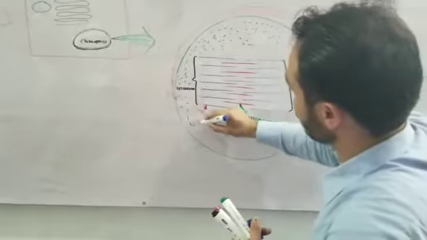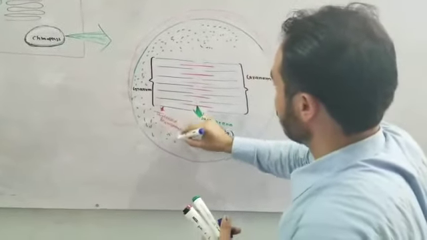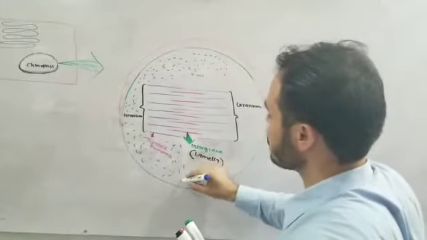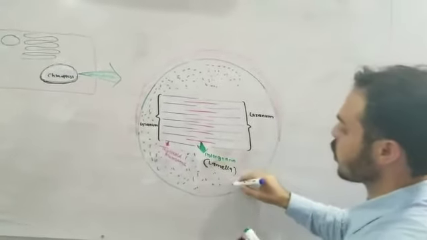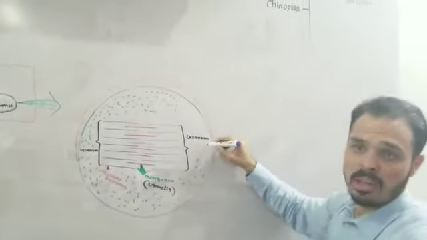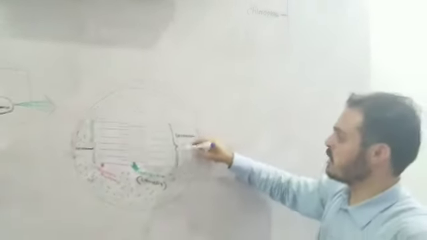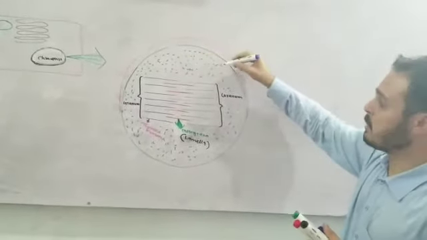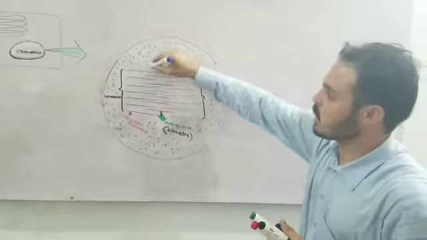What is the name of this area? Stroma, where the dark reaction of photosynthesis occurs. Here the dark reaction of photosynthesis occurs. In the chapter on bioenergetics, the light reaction occurs in the grana, and the dark reaction occurs in the stroma.